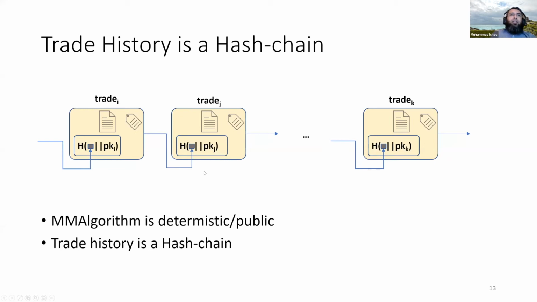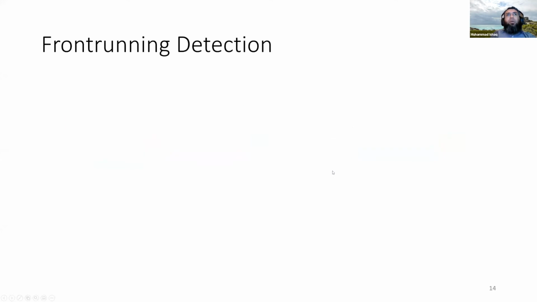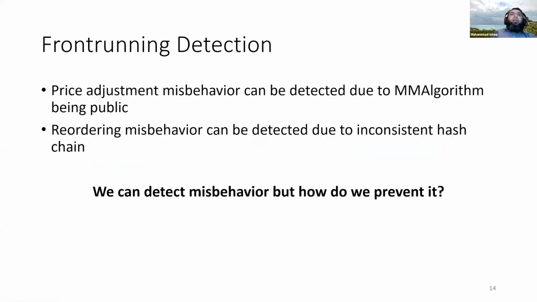So at this point, we seem to be pretty much done. We know MM algorithm, so we can make sure the price manipulation hasn't happened. We know that this trade history is a hash chain, so we can detect if it has been manipulated, if there are inconsistent hashes. So we can detect misbehavior, right?